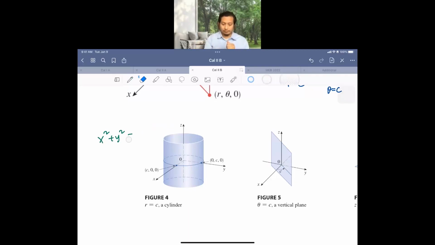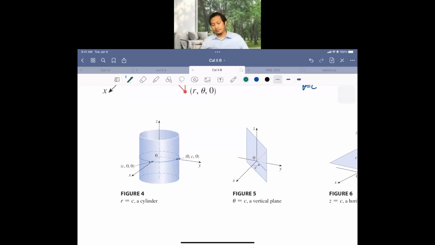Now if theta is a constant, which means the line is not going anywhere, it just stays as it is, then you have a plane that goes vertically upwards and downwards, right?